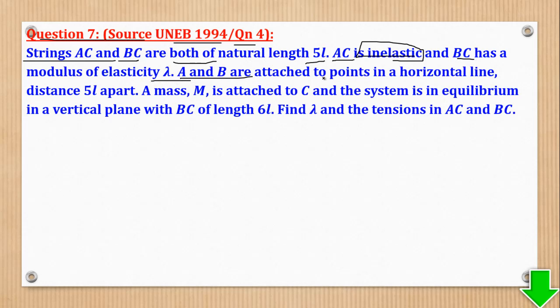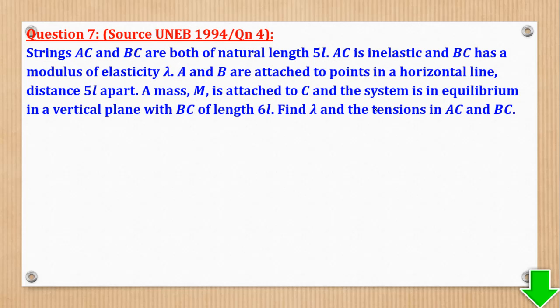A and B are attached to points on a horizontal line, distance 5L apart. A mass capital M is attached to C and the system is in equilibrium in a vertical plane with BC of length 6L. Find lambda and the tensions in AC and BC.